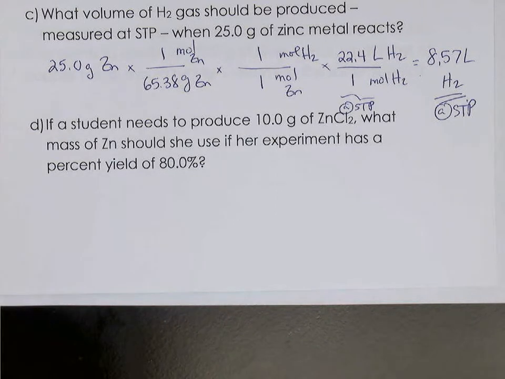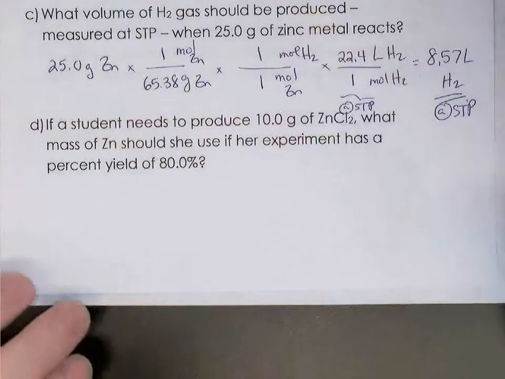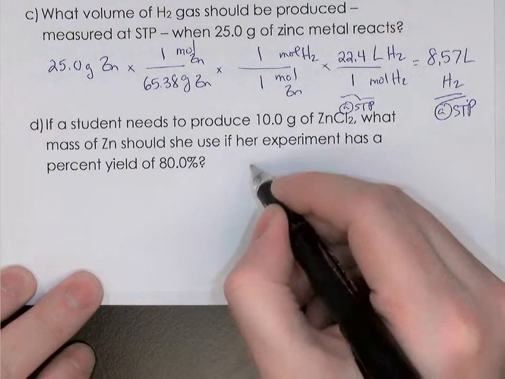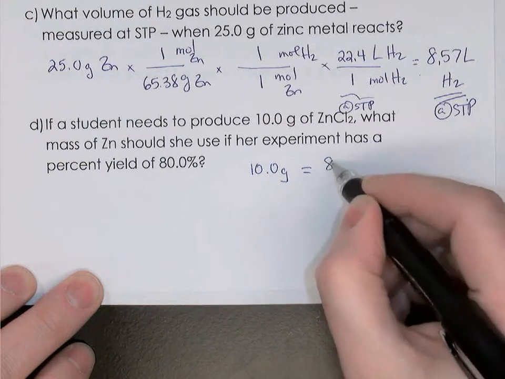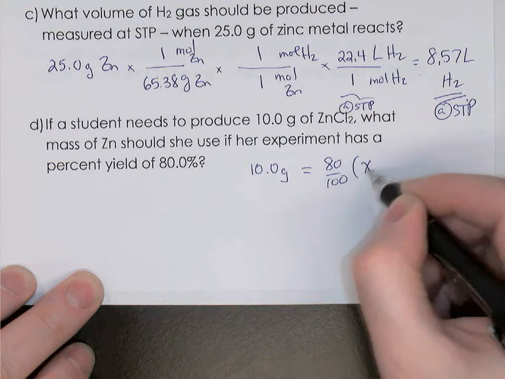But if I must have 10 grams, then how much should I aim for? The answer is, if you're only going to get 80% of what you aim for, aim at something higher. So what we want to say is 10 grams is 80% of what number?